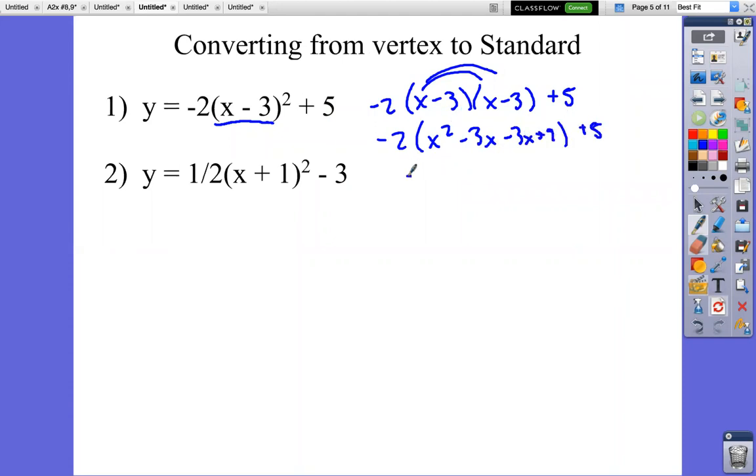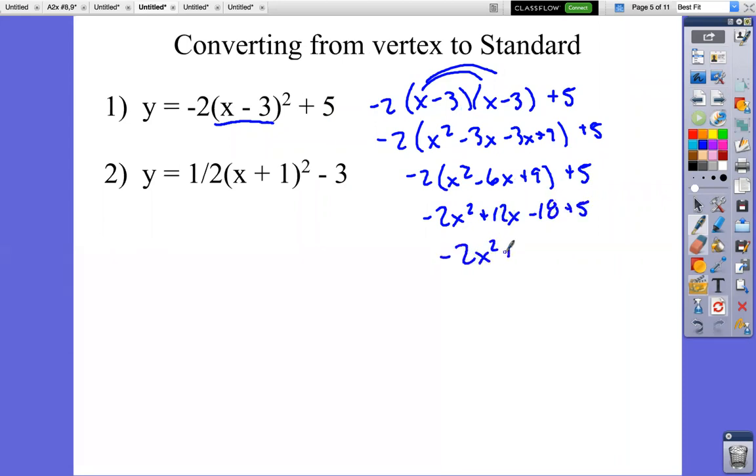Combine your like terms. Distribute. Plus 5, and then combine like terms again. So they're going to ask you on your homework to go from vertex form to standard form.